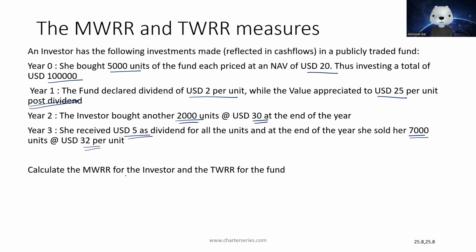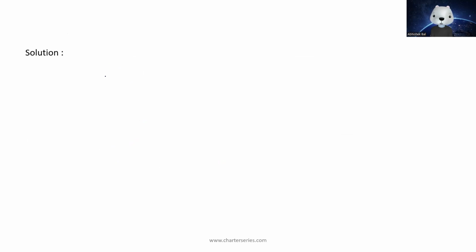In this case, we had to find out the MWRR for the investor and the TWRR for the fund. All right. So let me just create the timeline. We have 4 periods starting from t is equal to 0.